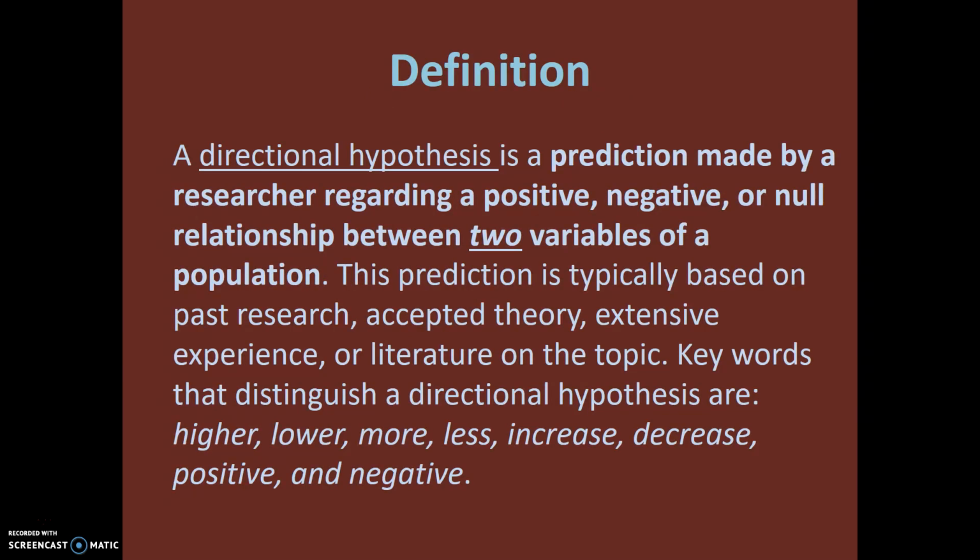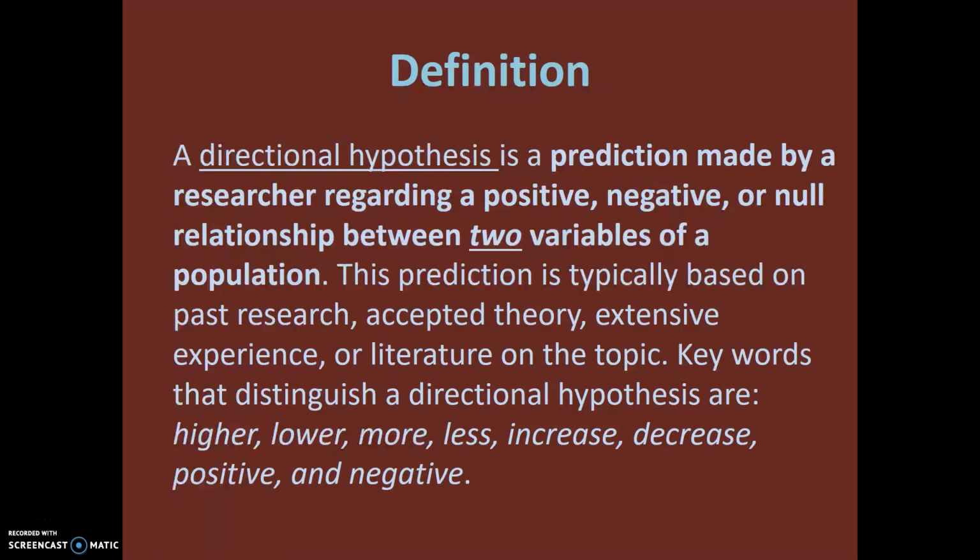Take a moment and look at the definition of a directional hypothesis. So within a directional hypothesis, you're using two variables and you're looking at the relationships in their different forms.